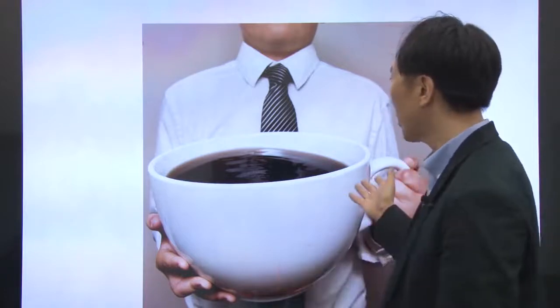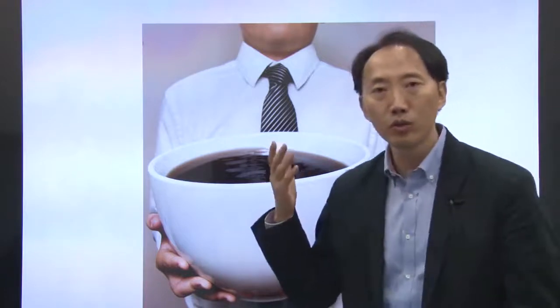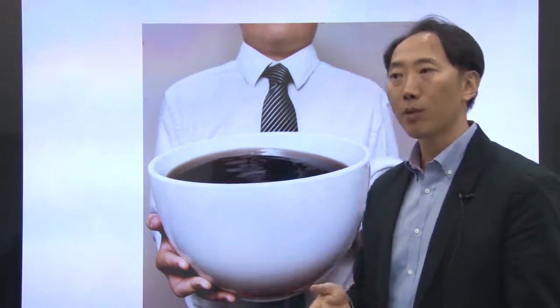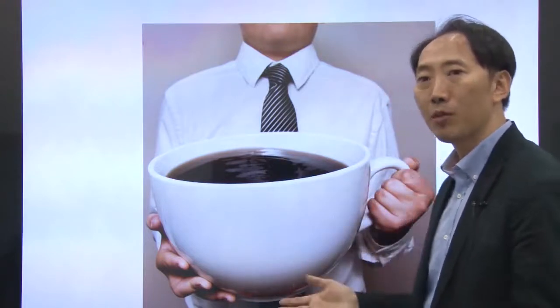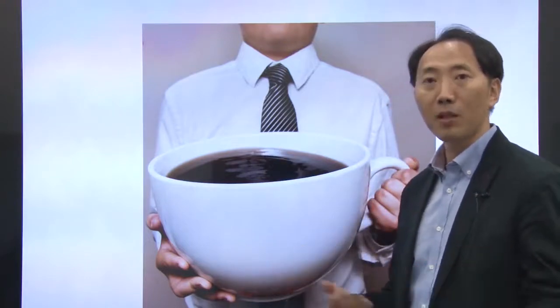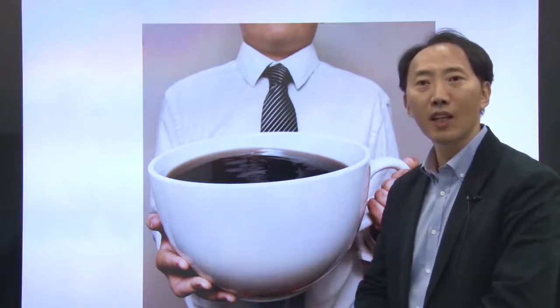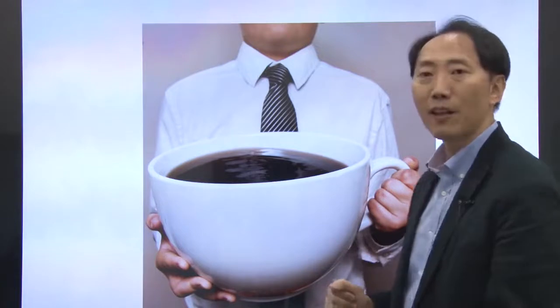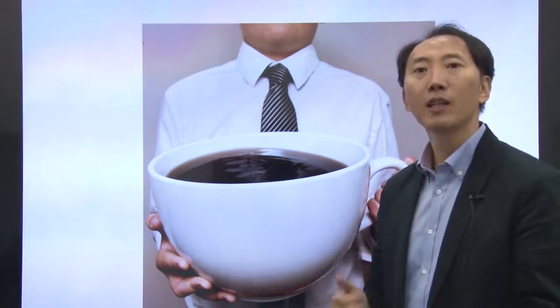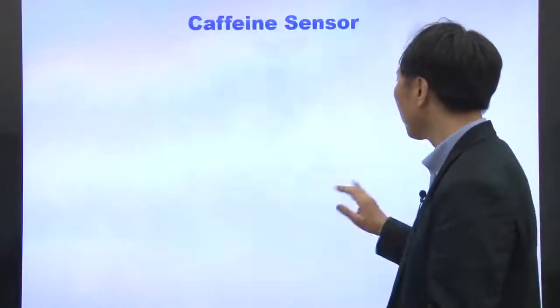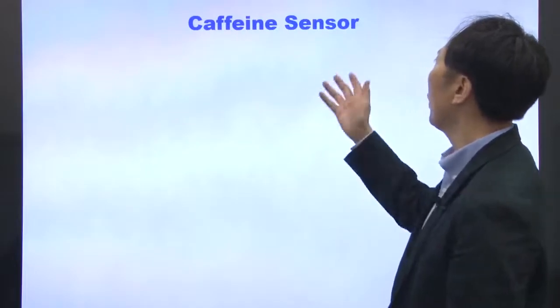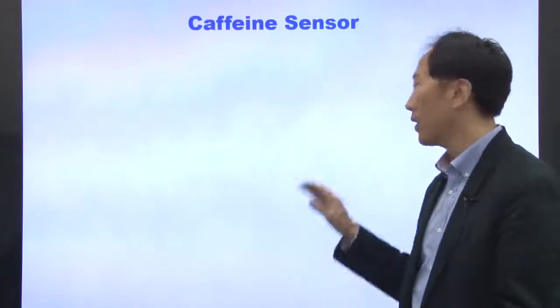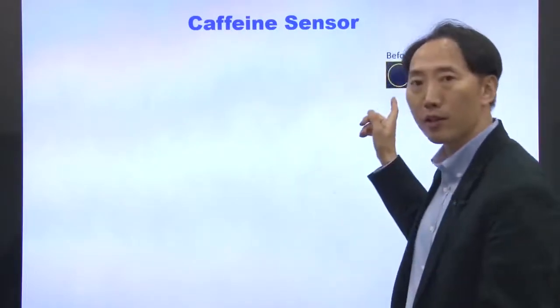That's why if you go to Starbucks, you may want to order decaf coffee, but sometimes they can make a mistake and give you just regular coffee, and 10 minutes later they say, oh, it was a mistake, sorry, but it's too late. So we thought a caffeine sensor that can be used in daily life could be an interesting project. One approach is using that camera box, you remember?